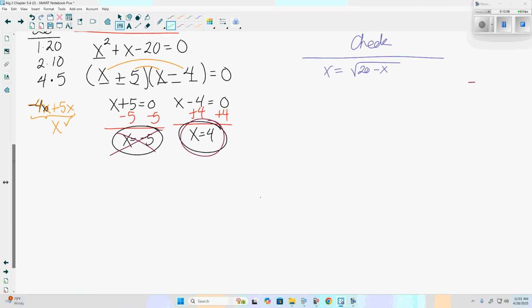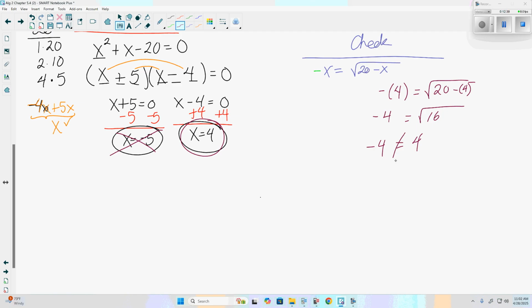All that changed was that now we're saying that negative x is equal to the square root of 20 minus x. Well, if we look at 4, as we already saw, on the right-hand side, 20 minus 4 is 16. Square root of 16 is 4. Because of that negative outside, it turned it from positive 4 to negative 4.